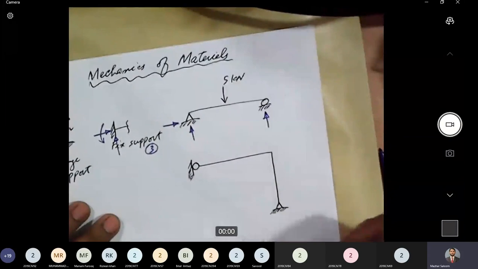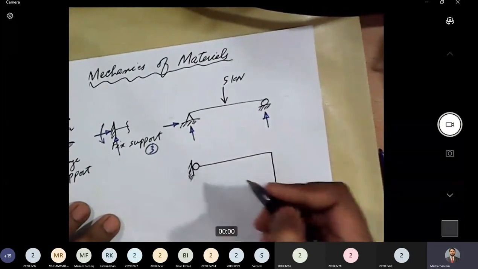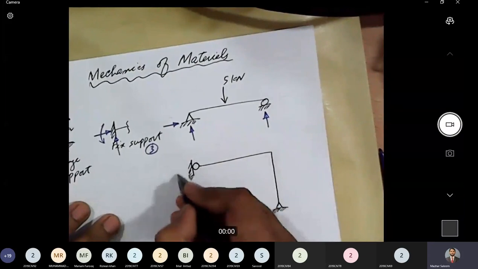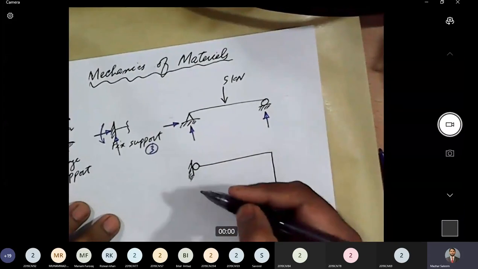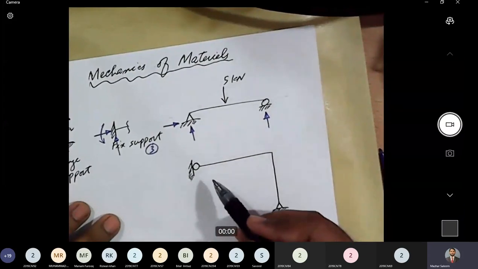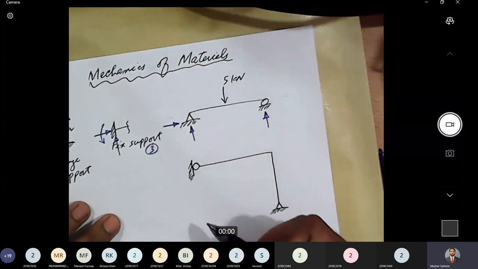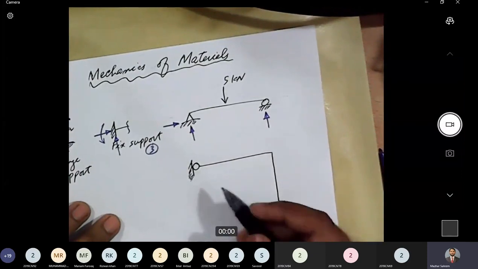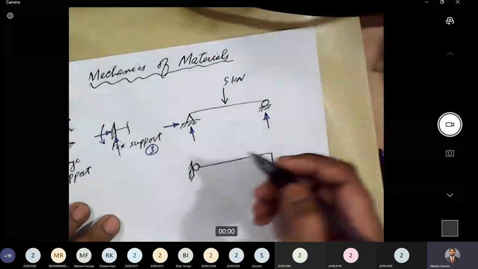A roller support may be provided like this. Now, in this case, what type of reaction can the roller support produce, horizontal or vertical? Horizontal. In this case, roller support will generate a horizontal reaction.